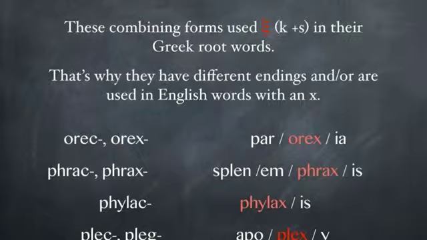The reason that these combining forms have these different endings and that they end up with this X when they end up in a medical term is because the original Greek word had some kind of xi, that K plus S sound. So sometimes the xi, when it's to indicate the combining form to you, you end up seeing the C here, but also the X, occasionally a C and a G.